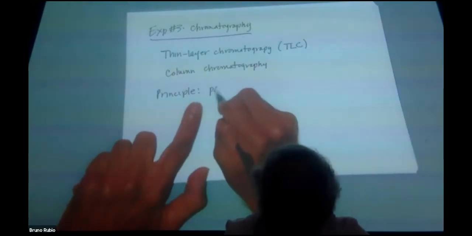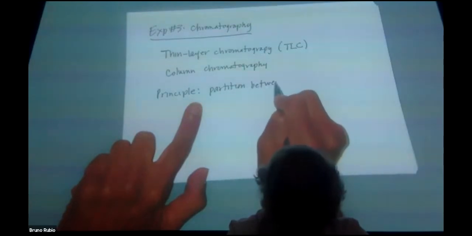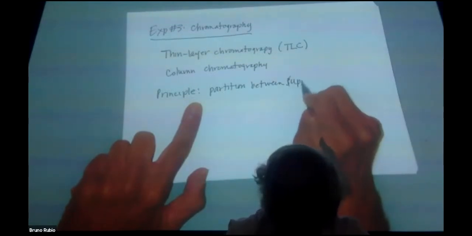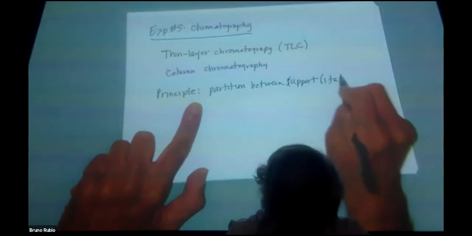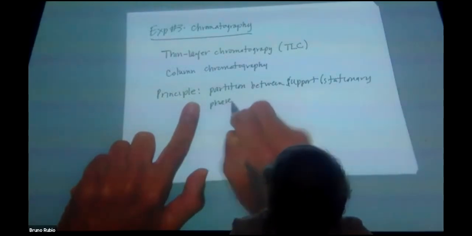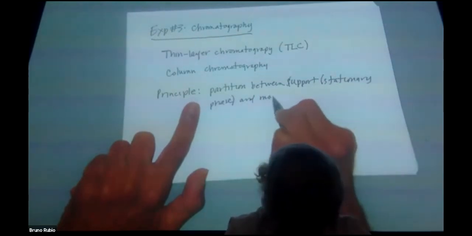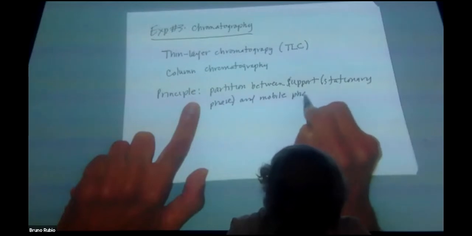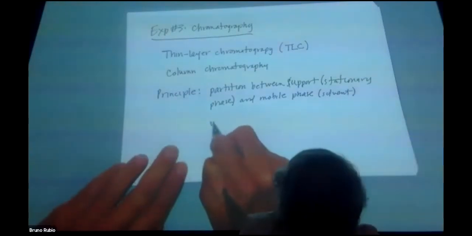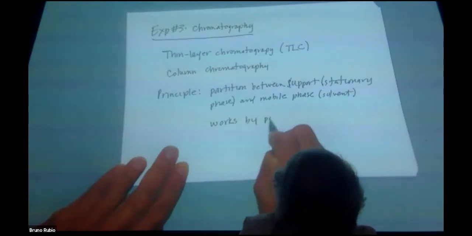So here we have partition between the support, this is called the stationary phase, and the mobile phase, which is usually a solvent. And chromatography works mostly by polarity.